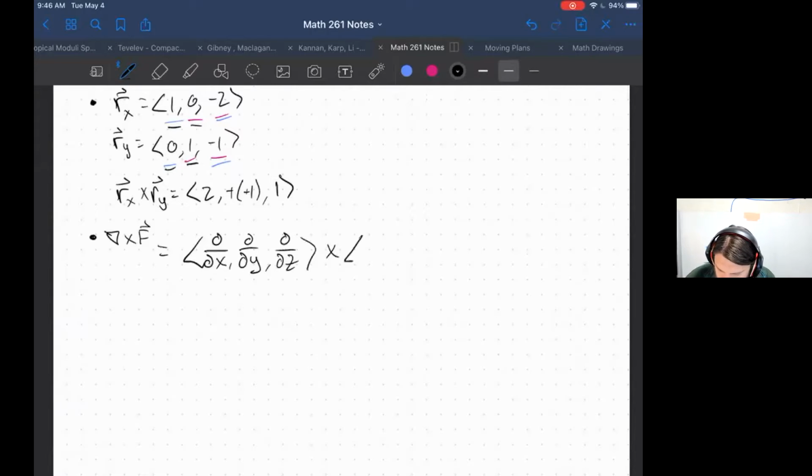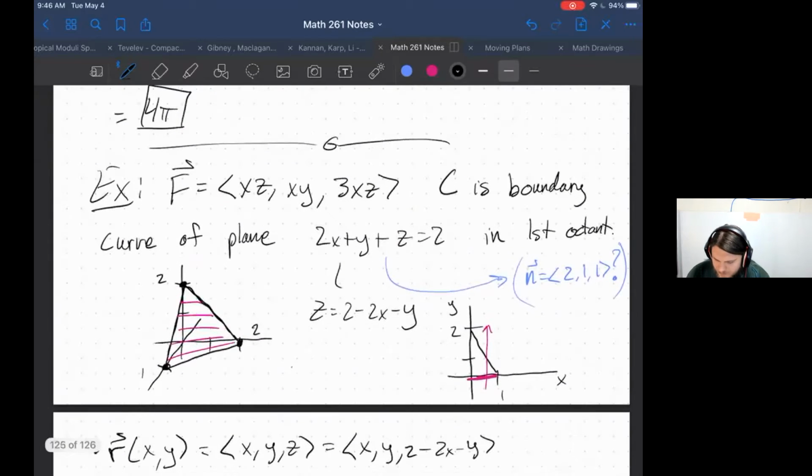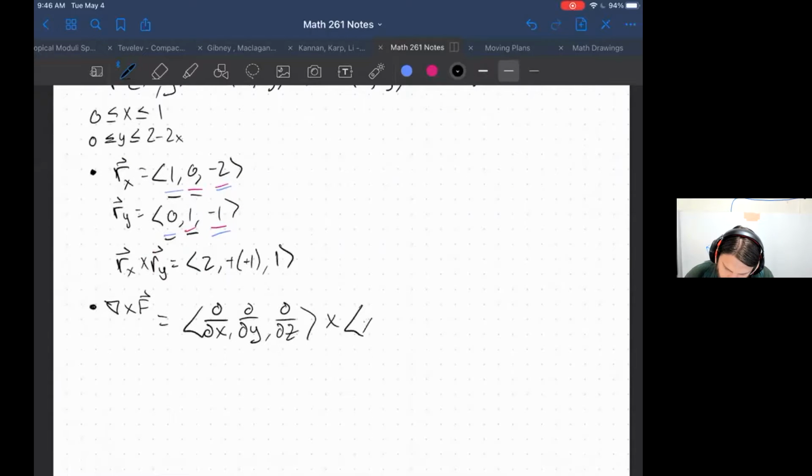That's the cross product with our vector field up above, xz, xy, 3xz. Depending on how you take cross products, go through this however you want.